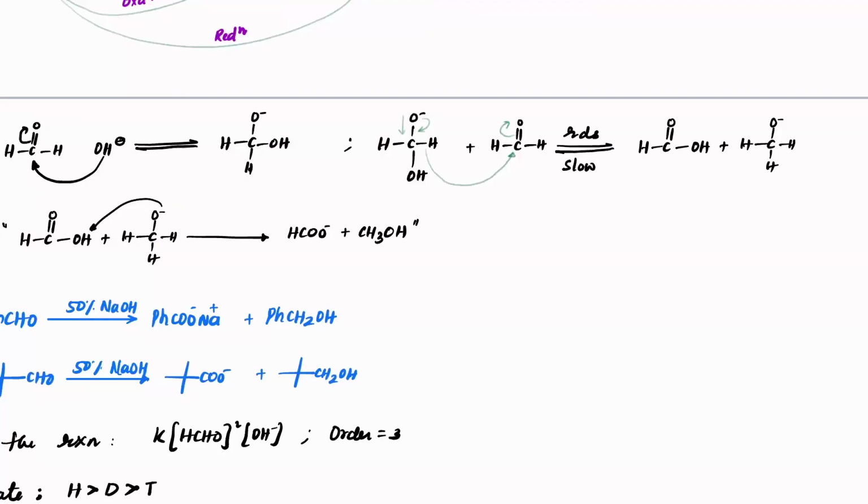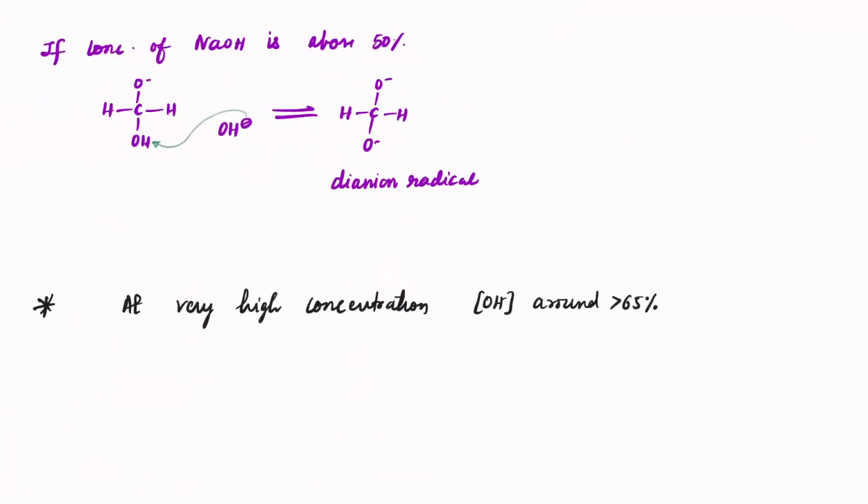Earlier what we got here is a monoanion radical form. So this is monoanion. Now we have dianion.